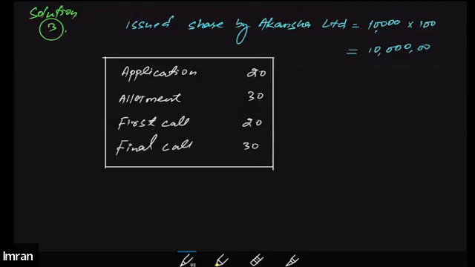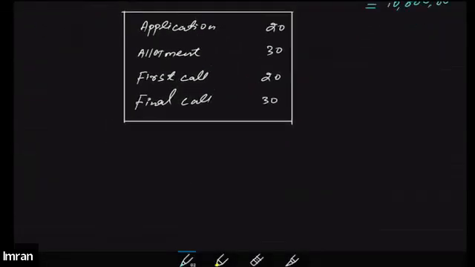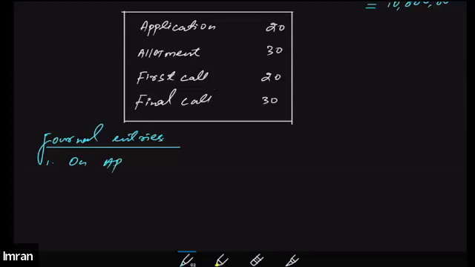Now, since there are 4 installments and we need to pass the journal entry for all the different installments, we will first start with the application. Let me pass the journal entry. The first journal entry will be on application.